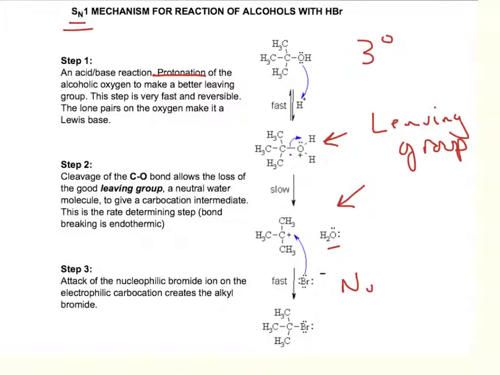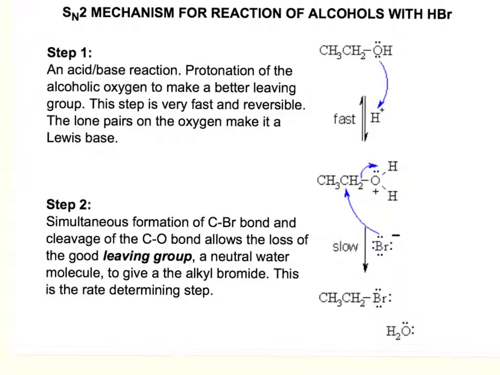And I want you to think about this and look at it very carefully, because here is the SN2 mechanism. And you'll notice that this just has two steps. Again, what we're doing, we're protonating the alcohol. So the addition of a hydrogen here makes a water group. And again, that's a leaving group.